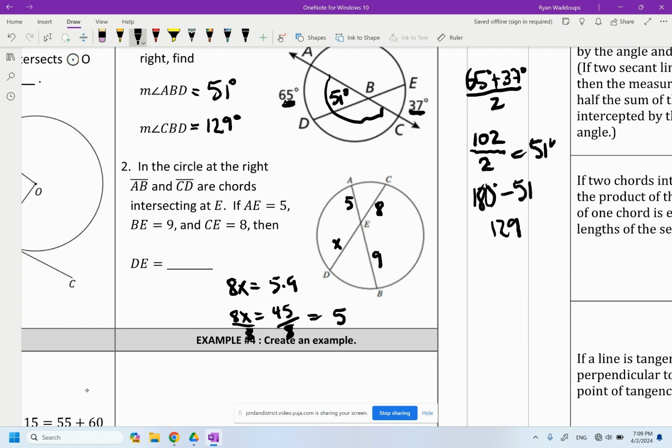It goes into 45 5 times with 5/8, and you can convert that into a decimal, or just leave it as an improper fraction. So 45/8, or 5 5/8, or as a decimal, about 5.625.